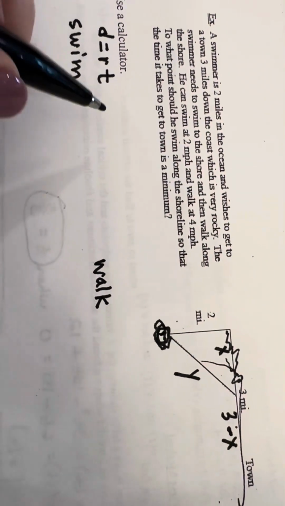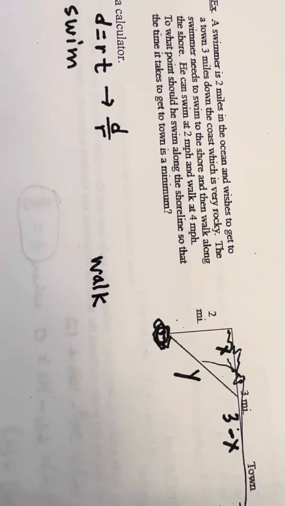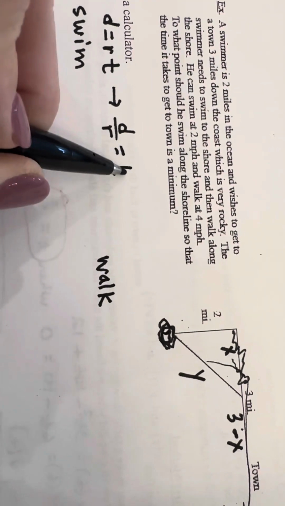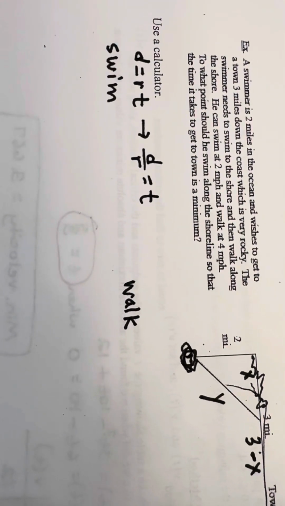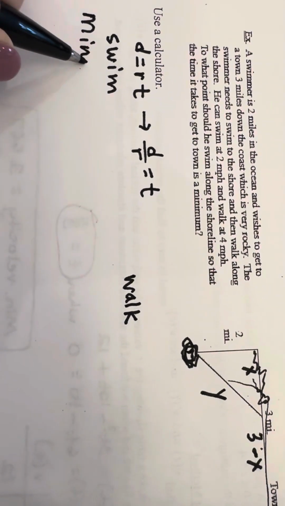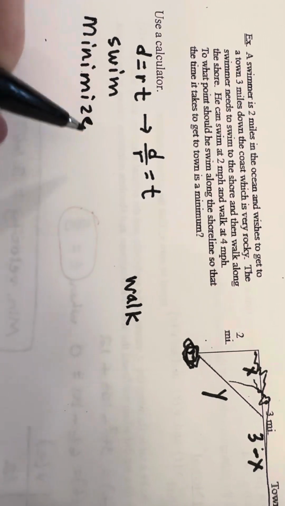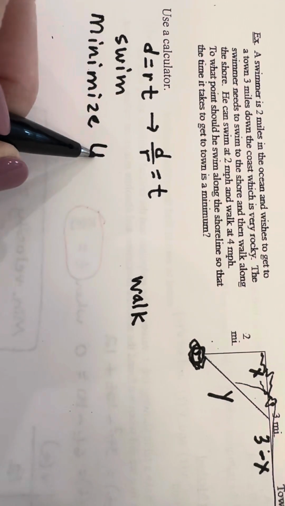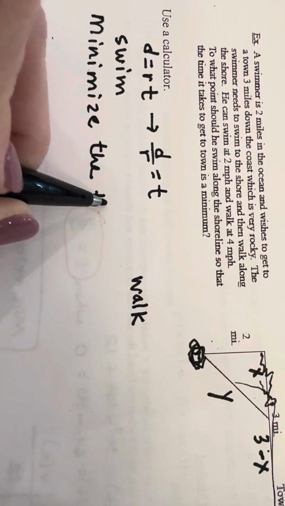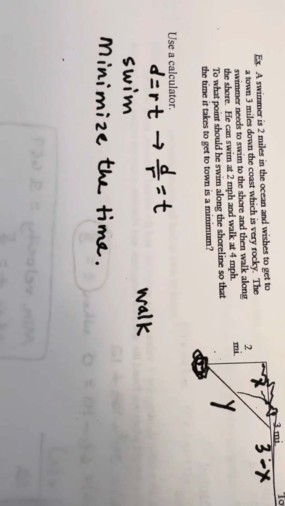Basically, time is distance over rate, and that's how we're going to come up with our equation. So we'll say we're going to minimize time. And remember, it helps if you write down what you're doing. Sometimes that gets you extra partial credit also.